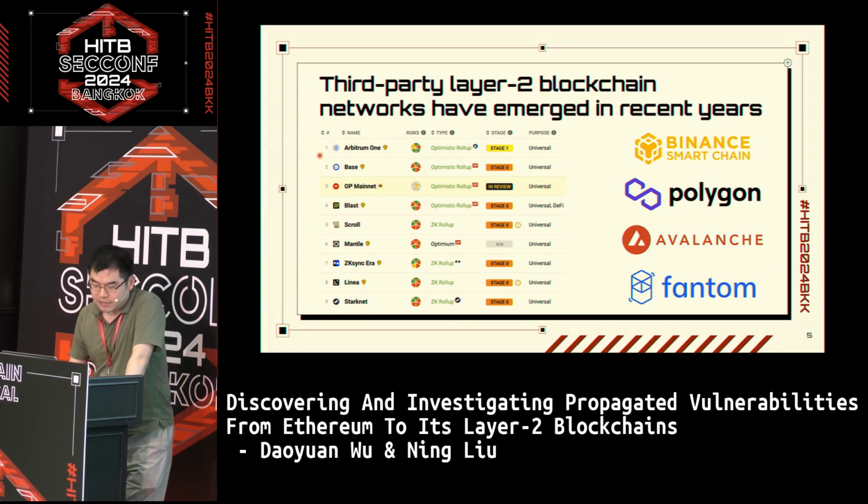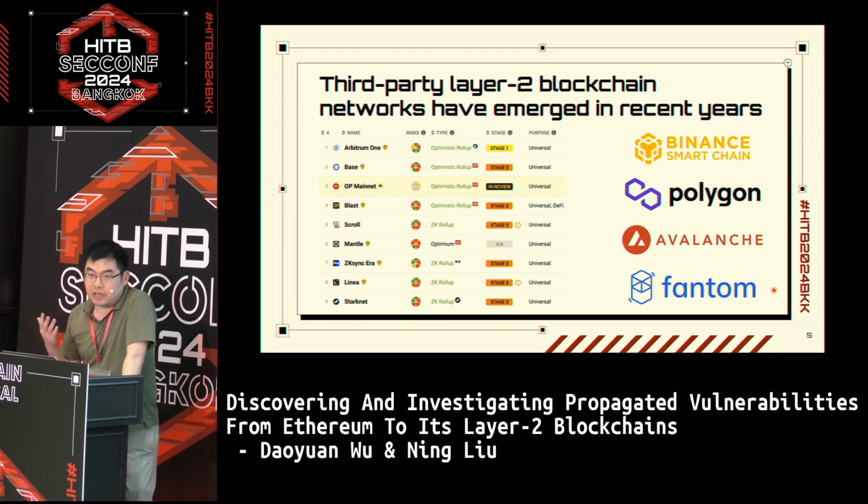So these networks will bind to the Ethereum mainnet, and you can think of them as side blockchains. On the other hand, we also have some standalone blockchains such as Binance Smart Chain, Polygon, Avalanche and Fantom.